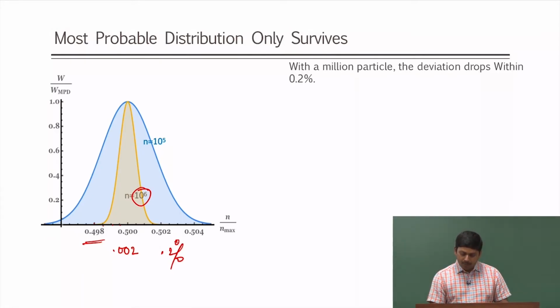So, with a million particles the deviation of 0.2% gives almost 0 probability or 0 W. The number of distributions drops to 0 with 0.2% deviation.